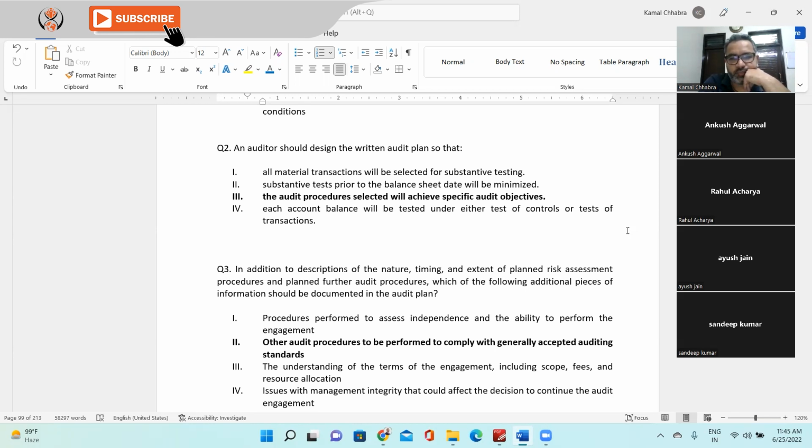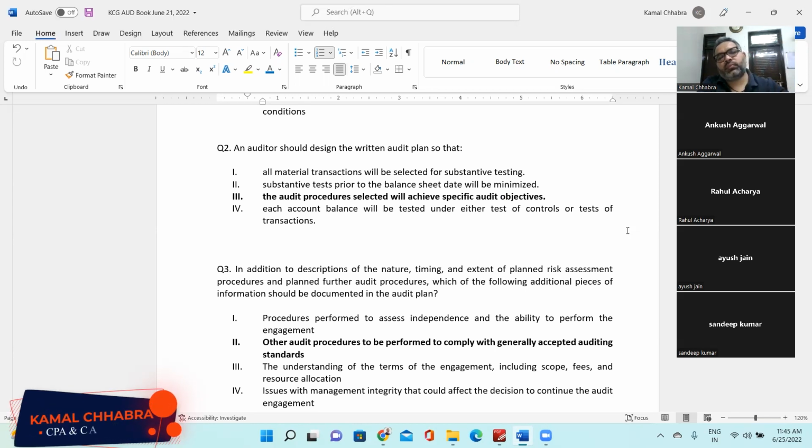And if we talk about the fourth point, that each account balance will be tested, it's based on the materiality that we have selected, which account needs to be tested and to which level. So that won't come under an objective. From that perspective, I feel we are designing and writing the audit plan to achieve a specific objective, to show that we have done all the audit or not.